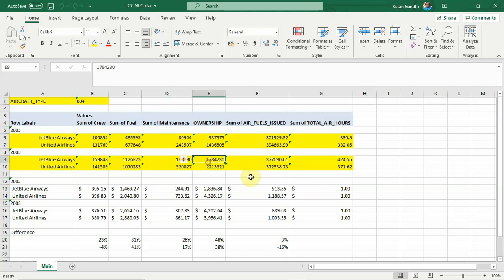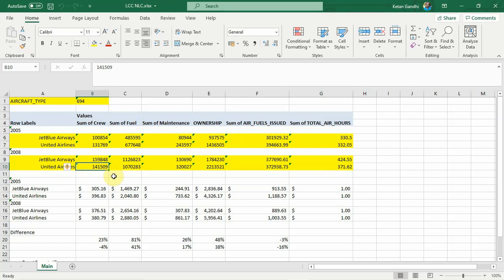Then the ownership cost was 17 million, and the fuel issued was around 3 million, and the number of hours flown for this aircraft type 694 for that year 2008 is 424.55 hours.